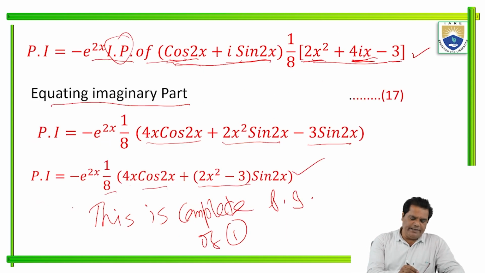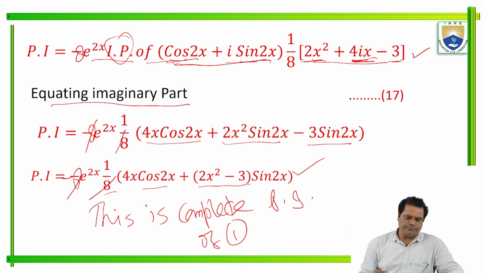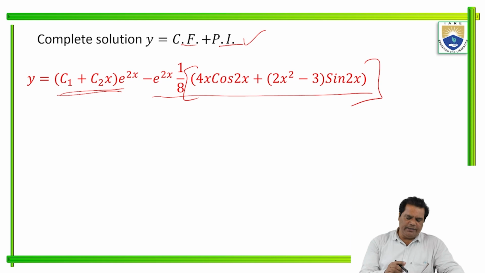So now writing here 8 into 8, here also multiplied by 8. So 8 is cancelled, and finally there is no 8. The 8 is cancelled by the given 8 in our question. So this is the complete PI.